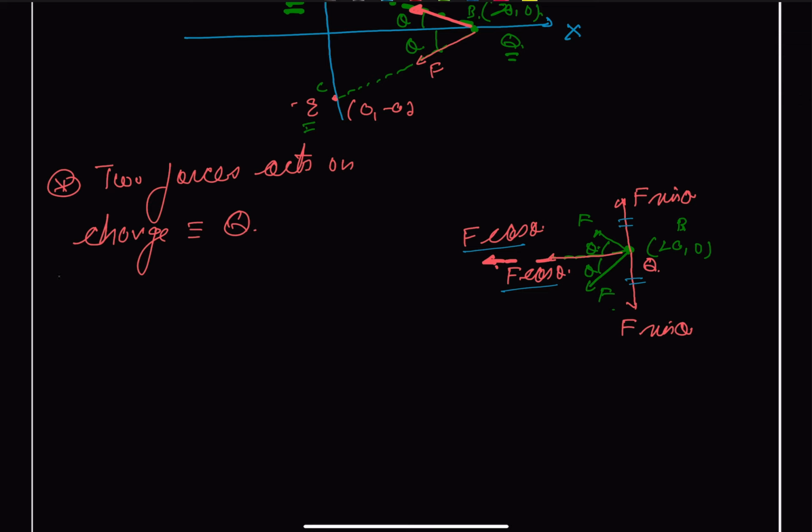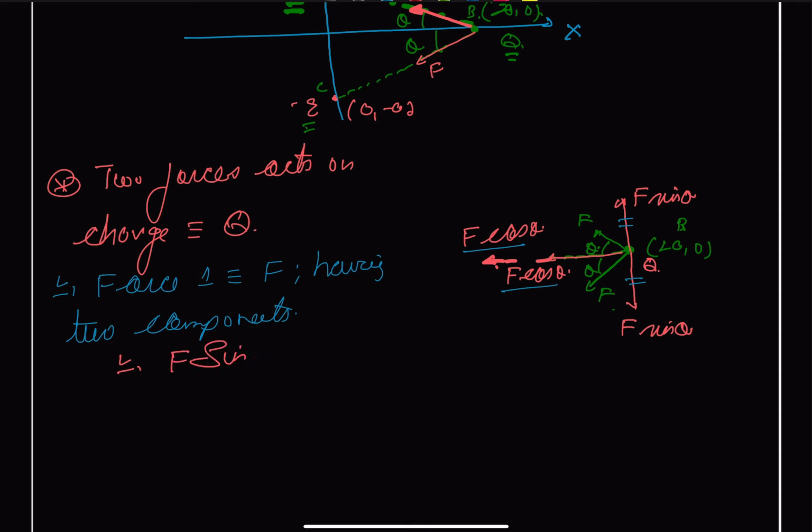So we can say force 1, which will be F, having two components, and these two components will be our F sine theta and F cos of theta.